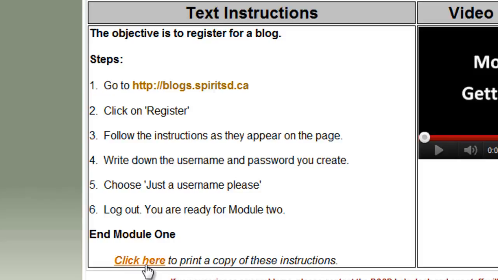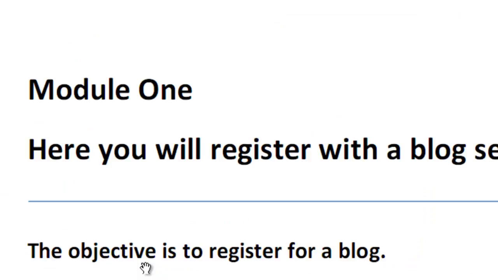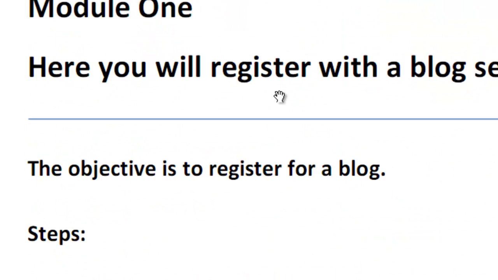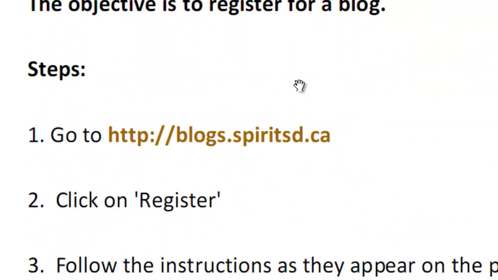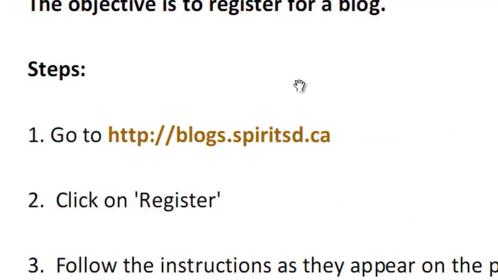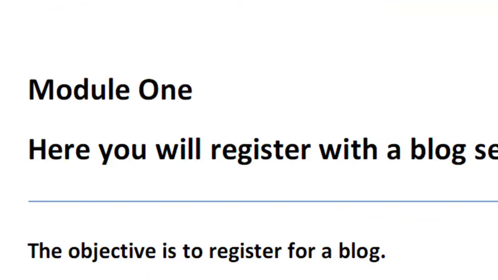Notice that on the bottom there is a click here to print. It is important that you click that, and here you see a printer-friendly version of the steps. Please print this out, lay it beside your computer as you're working, and then you'll have access to these instructions as we proceed.